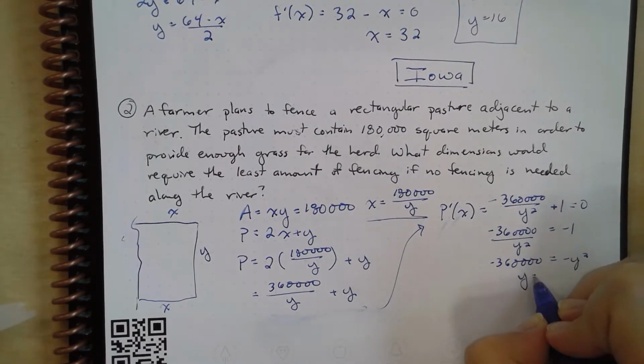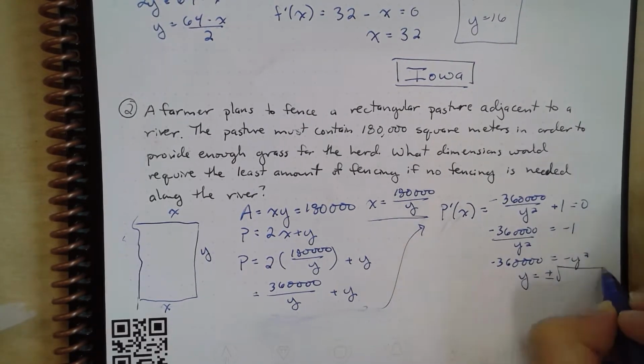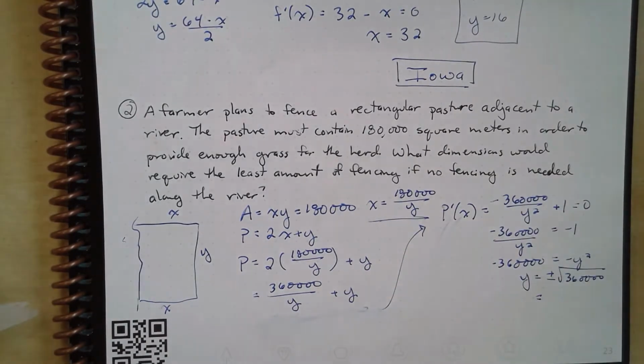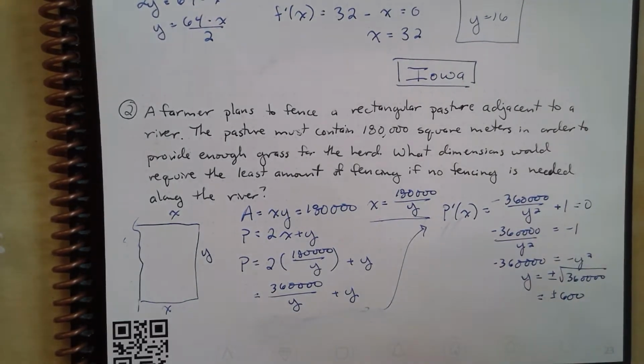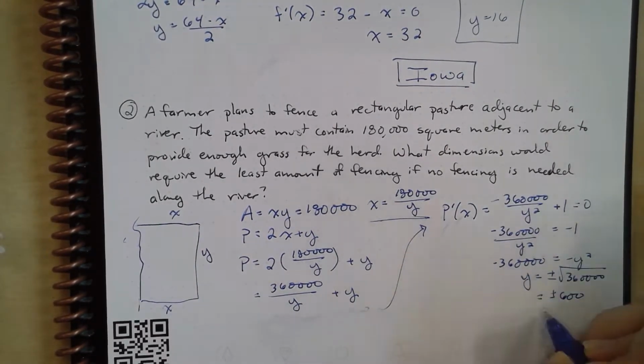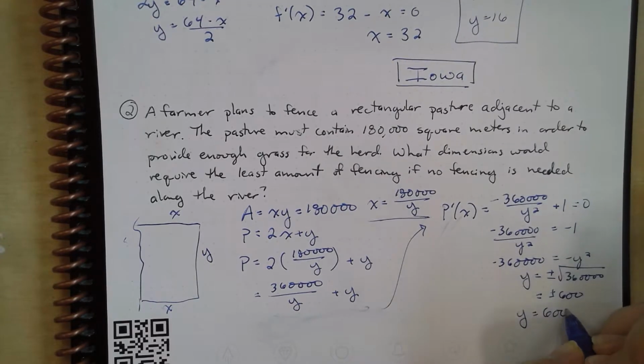So y is equal to plus or minus the square root of 360,000, which is equal to, I think it's going to be 600. Plus or minus 600. Well, we can't have a negative amount of fencing, right? So y is equal to 600 meters.